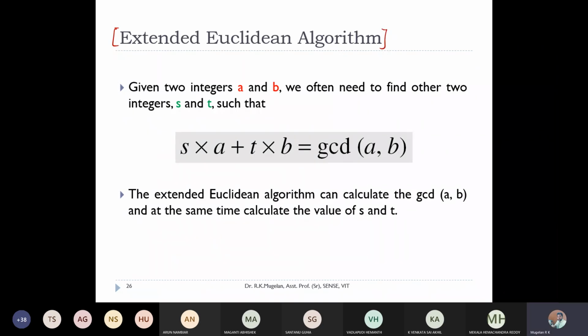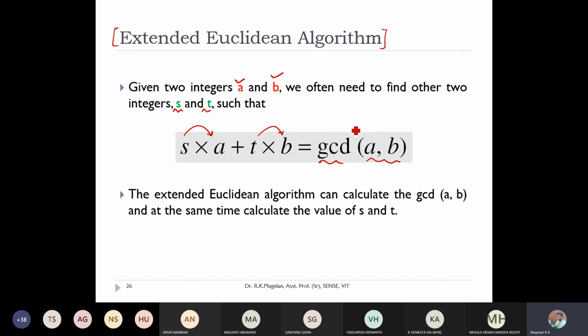That's how the extended Euclidean algorithm works. You'll see now. If you are given two integers, A and B, we can also find two other values called S and T in such a way that if you multiply S with A and add T times B, you'll get the GCD of A and B. Generally, the Euclidean algorithm finds the GCD of two integers.